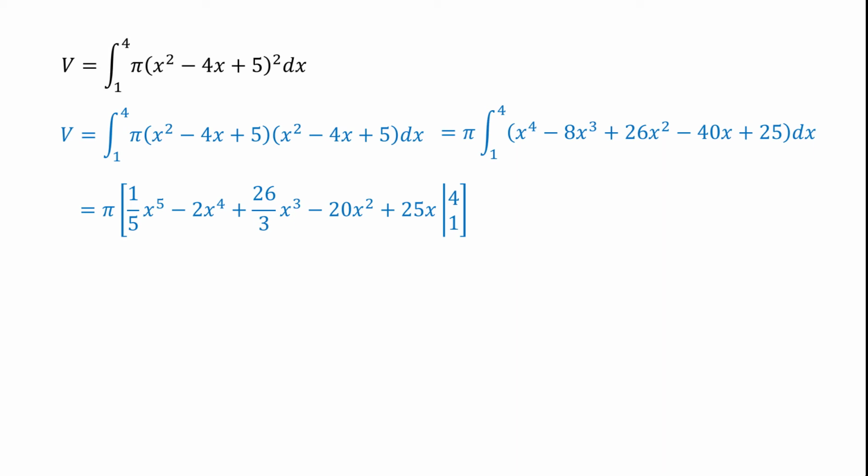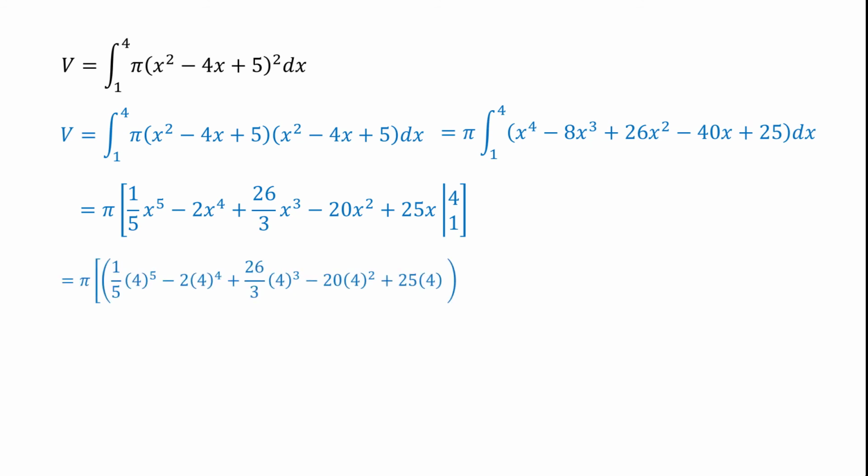So 26x squared becomes 26 over 3 x cubed, minus the integral of 40x. That x becomes x squared. We divide by 2. So that integral becomes minus 20x squared plus the integral of 25 is 25x, and we evaluate that from 1 to 4.